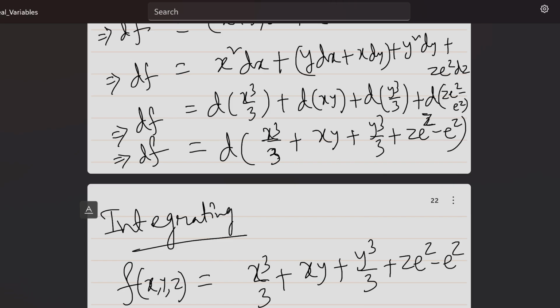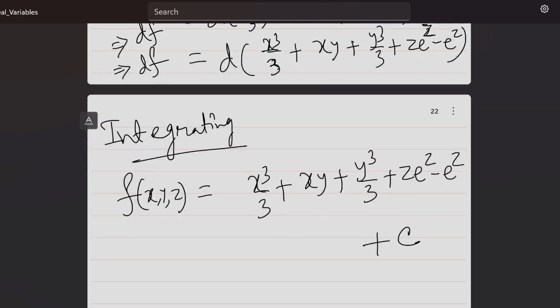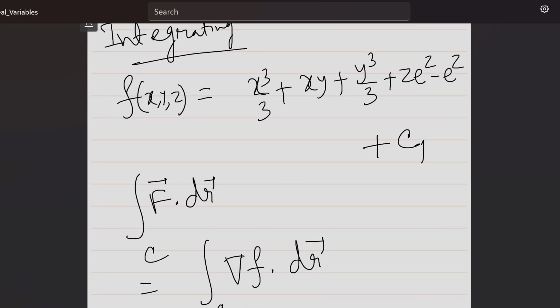It does not matter what the constant is. By the way, what is my integral F dot dr over some curve c1? Integral F dot dr is nothing but grad f dot dr, because F is conservative, and as I told you, conservative means it does not depend on the path, it depends on the initial and final point.